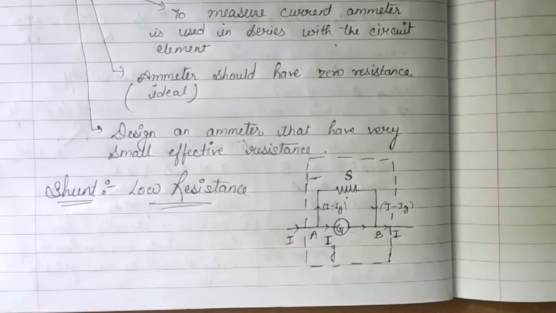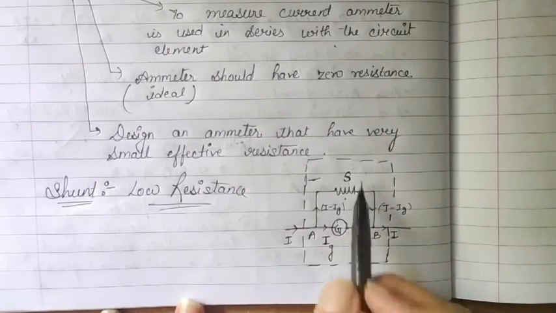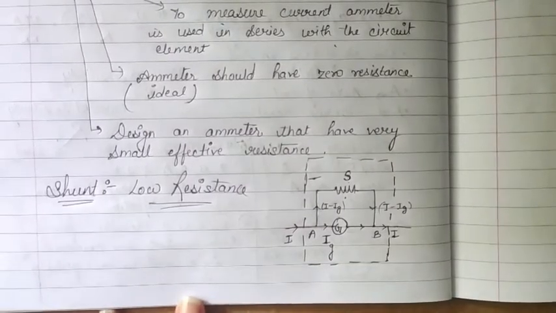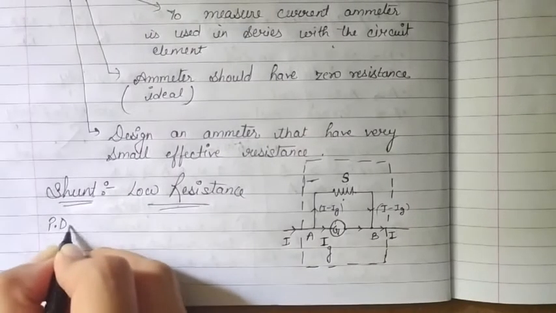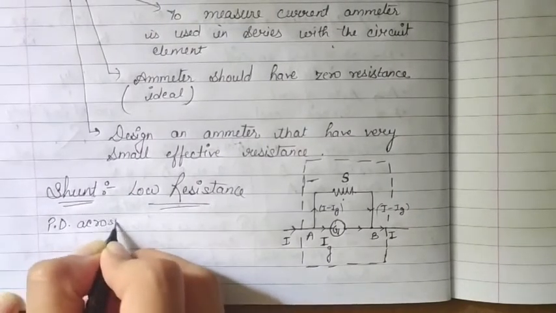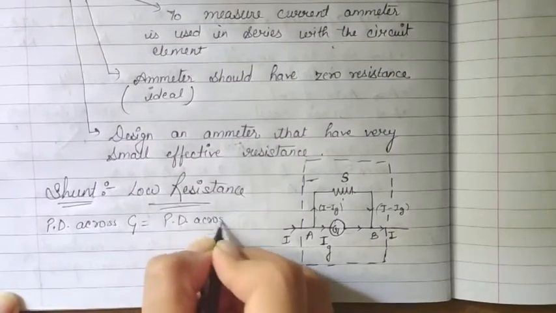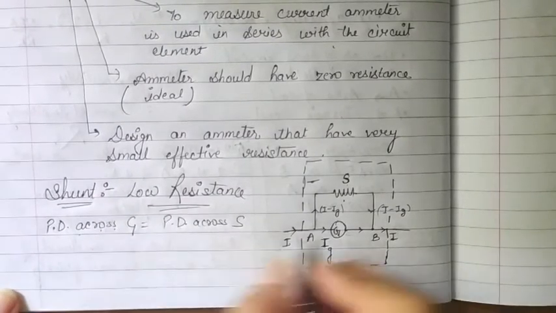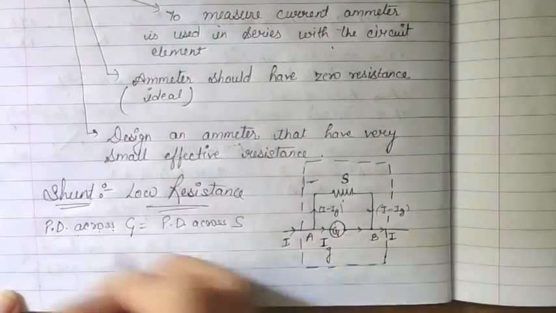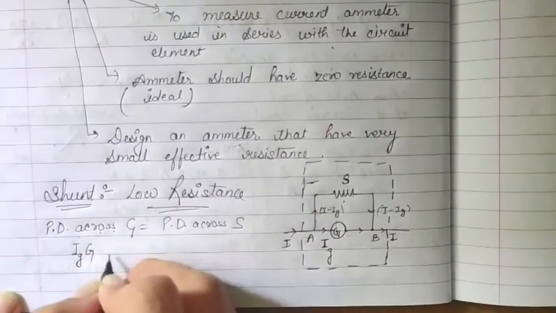Now since this galvanometer and this shunt are connected in parallel, the potential difference across the two is the same. That means the potential difference across the galvanometer is equal to the potential difference across the shunt. The potential difference across the galvanometer is Ig into G, where Ig is the current flowing through the galvanometer and G is the resistance of the galvanometer.